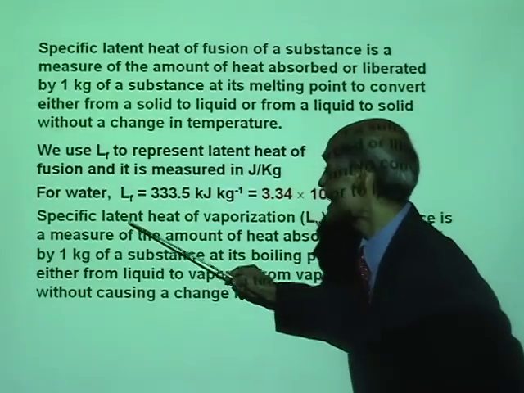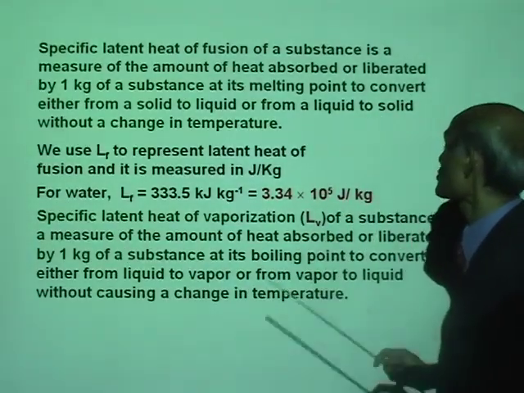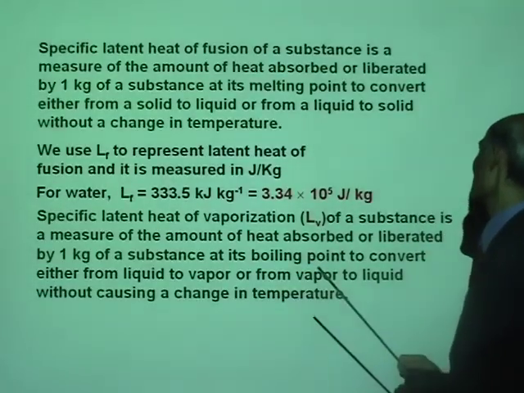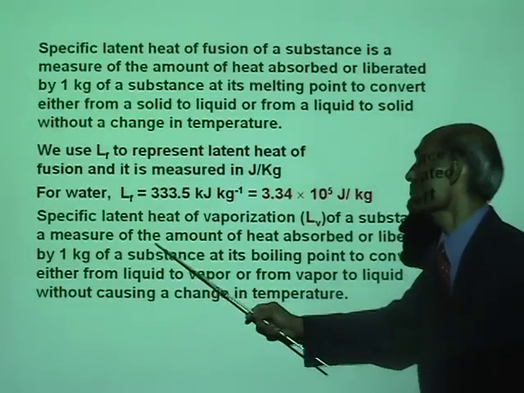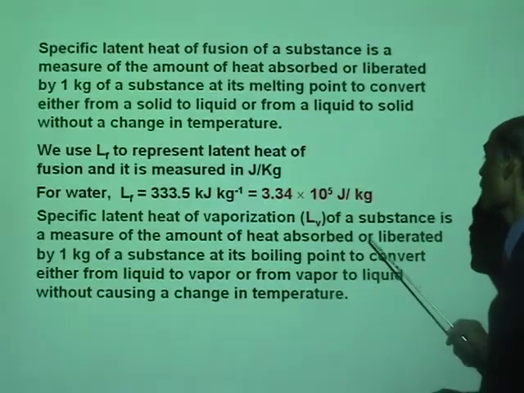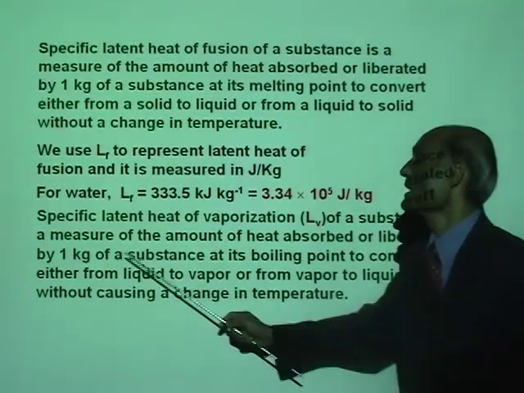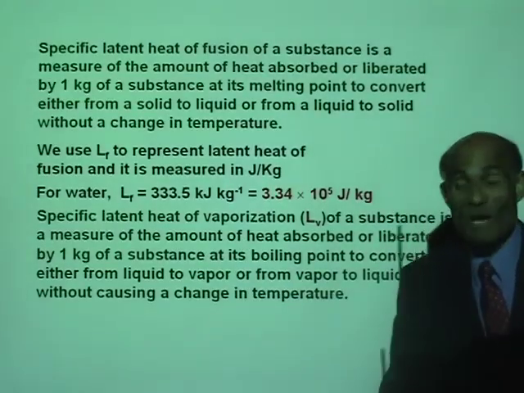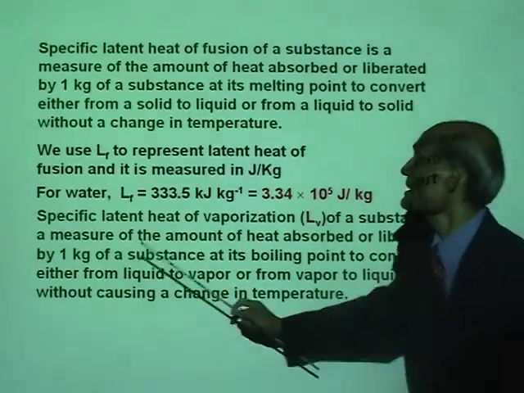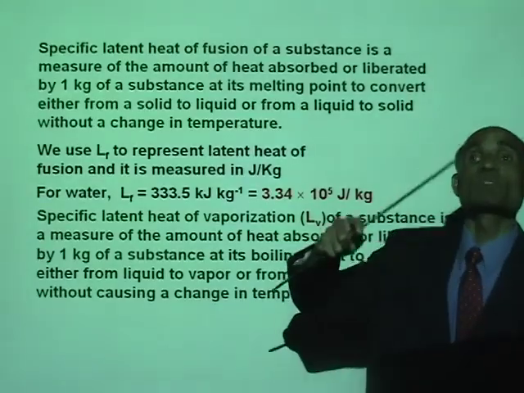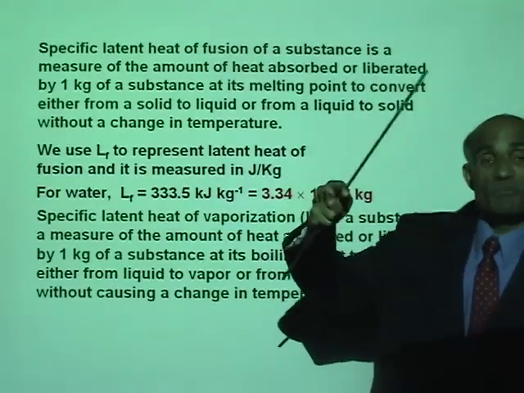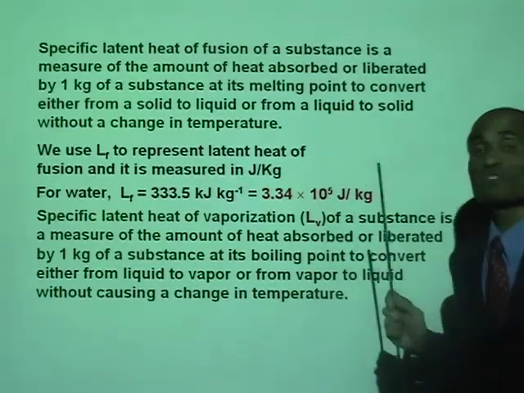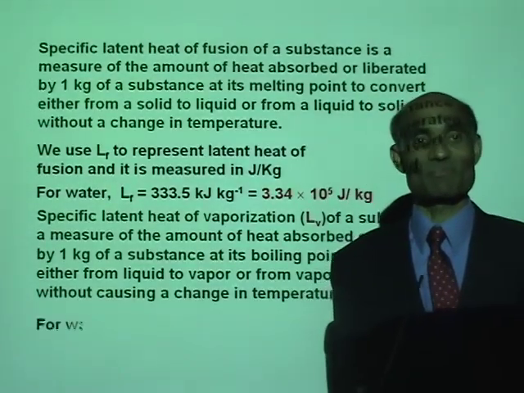So specific latent heat of vaporization, denoted by L sub V, of a substance is a measure of the amount of heat absorbed or liberated by 1 kilogram of a substance at its boiling point to convert either from liquid to vapor or from vapor to liquid without causing a change in temperature.